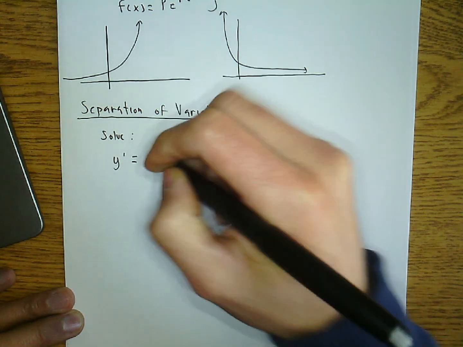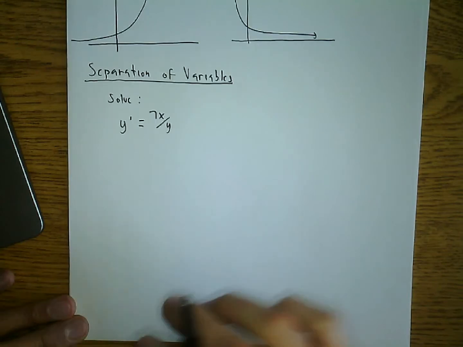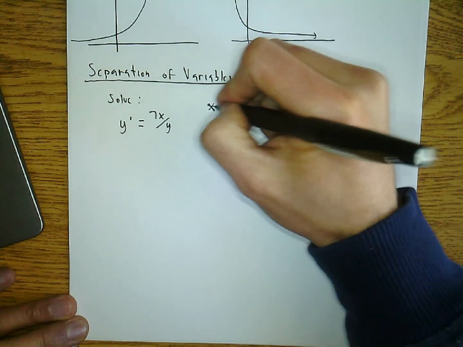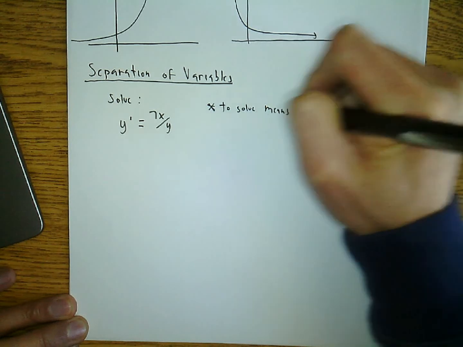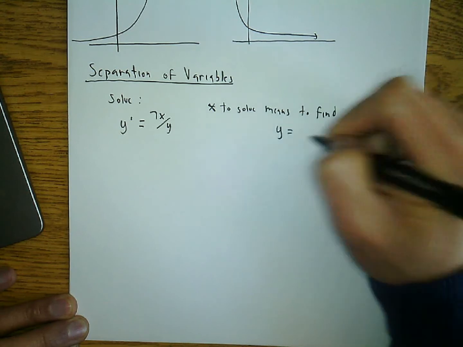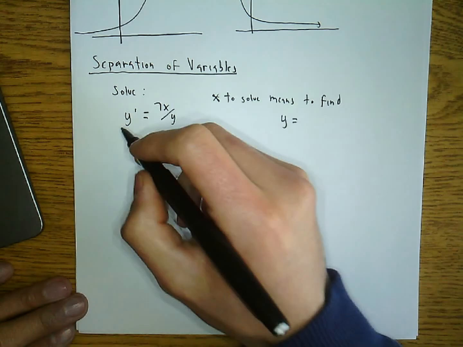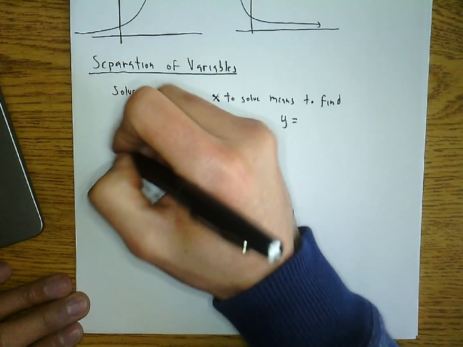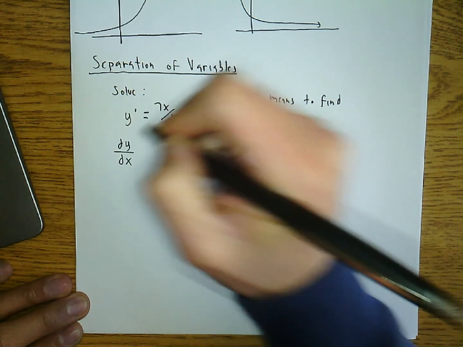Okay. To solve means to find y equals. That's what it means. So we need to get rid of the derivative. Okay. Recall that y prime is the same thing as dy over dx. So if I rewrite it as dy over dx, then what I have is the following.